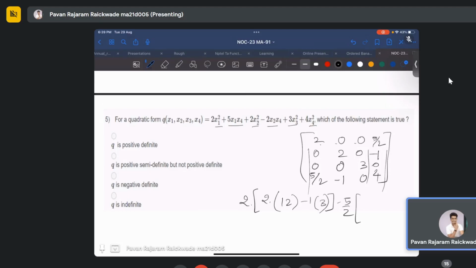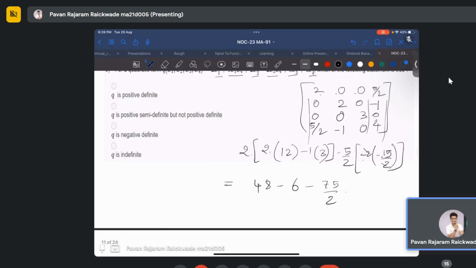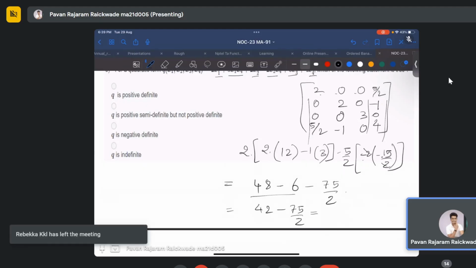So the determinant of this matrix, I'll get minus 2 times minus 15 by 2. So we get the answer as 48 minus 6. Minus minus plus, minus 5 by 2. What is this value? It's 42 minus 75 by 2. So I get 84 minus 75 by 2.